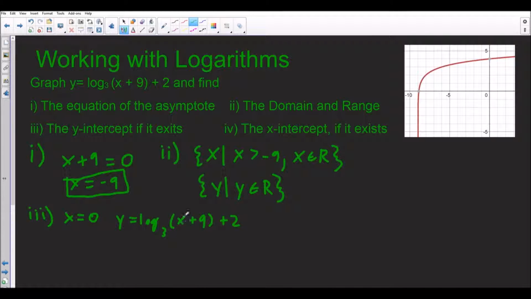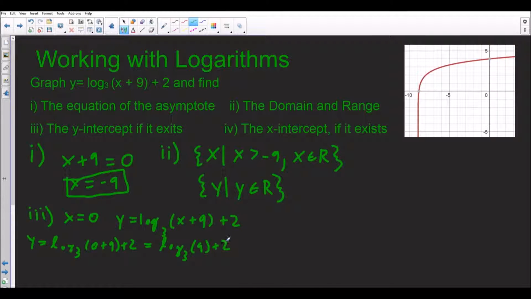So we're going to set our x equal to 0. So we're going to have y is equal to log base 3 of 0 plus 9, plus 2, which is just equal to log base 3 of 9 plus 2.